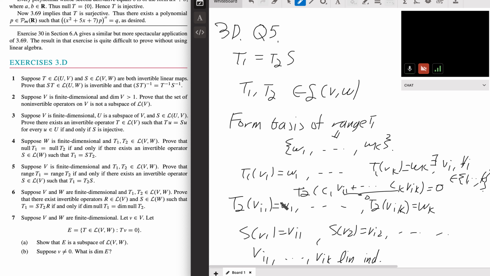But you also could show that V1 through Vk are all linearly independent in a similar way. Mapping from V1 through Vk, a linearly independent set, to Vi1 through Vik is completely injective, because you're mapping from the elements of one basis to another, where the two bases have the same size. So S is an injective operator.